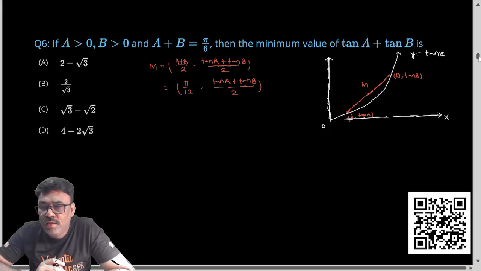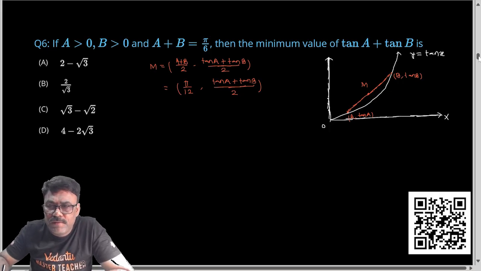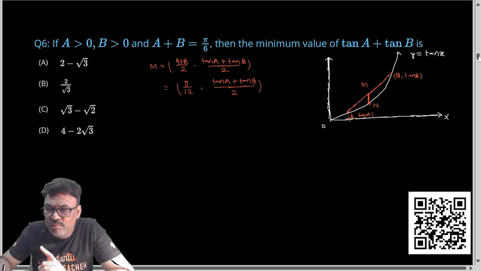Right. Now you can see that if I draw a vertical line from M, and let's say this vertical line meets the curve tan x at the point N. This line is vertical, MN line is vertical line. So obviously the x coordinate of M and N both is same because it is vertical line.